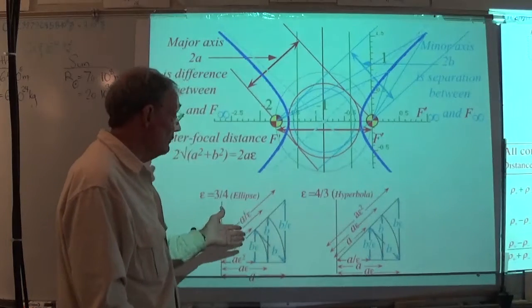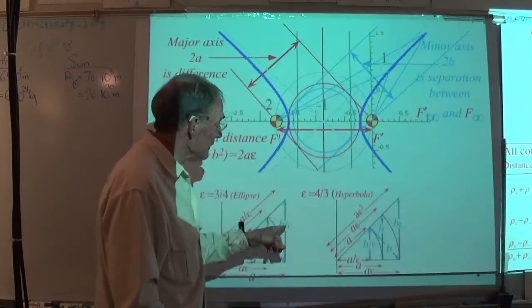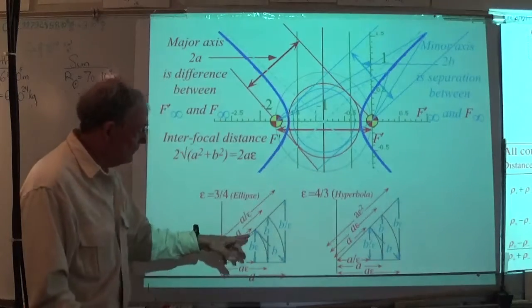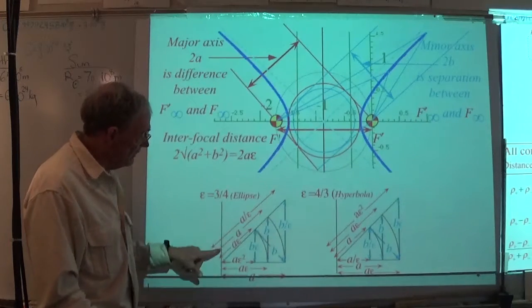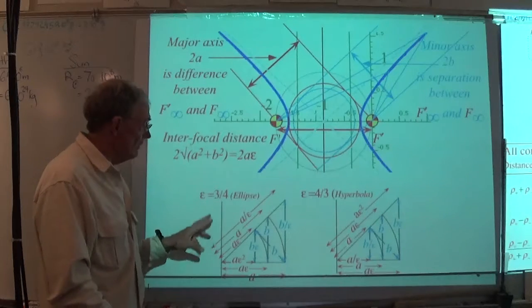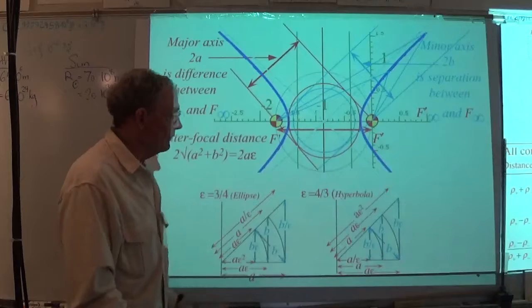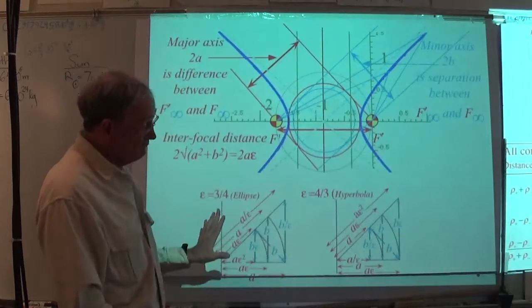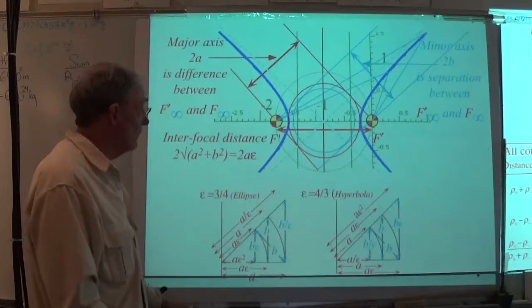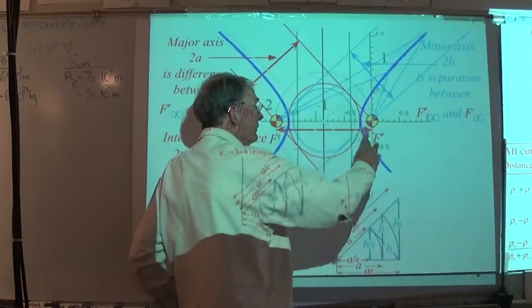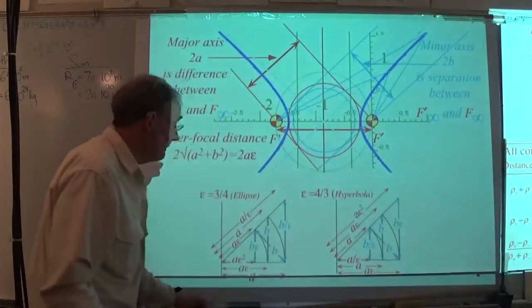If you kept doing this, you would have b over epsilon squared and so on. The relationship between that series and the series with the major radius is important. This is with 3/4, this is with 4/3. This would be a hyperbola, this would be an ellipse, so they look about the same. Anyway, you're talking about the geometry in this neighborhood around the focal point.